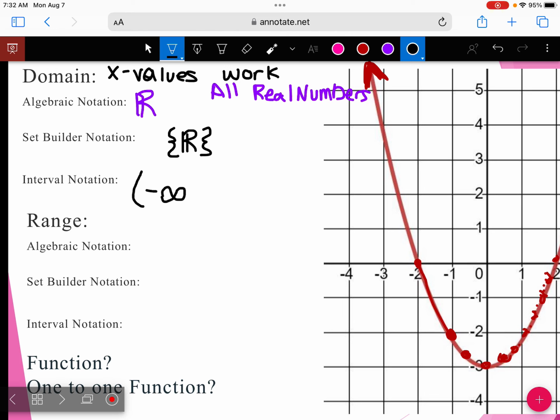So the tiniest infinity you can think of, negative infinity, all the way up to positive infinity. Those are 3 different ways of writing the exact same thing. Those all mean the same thing.